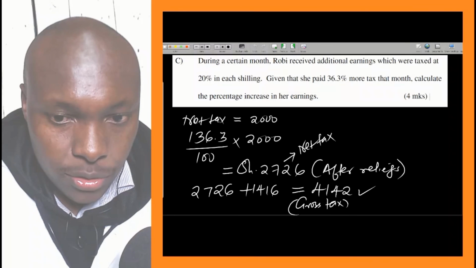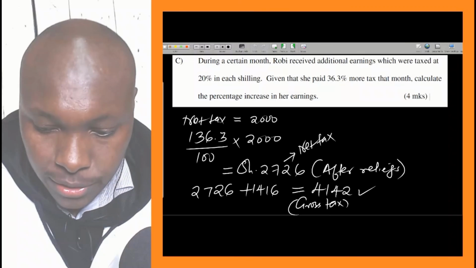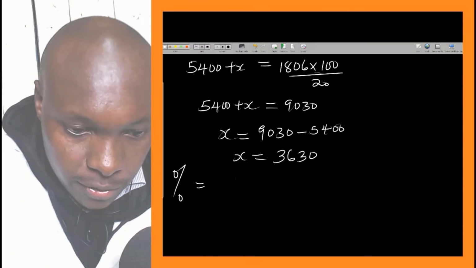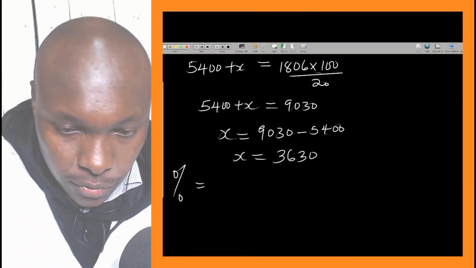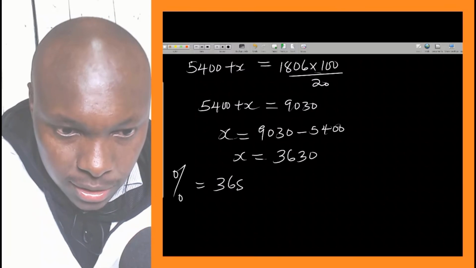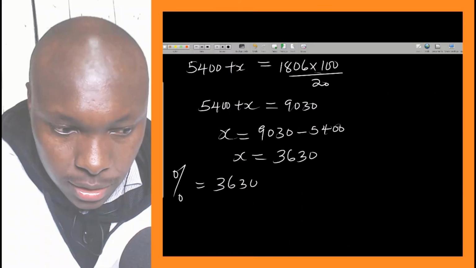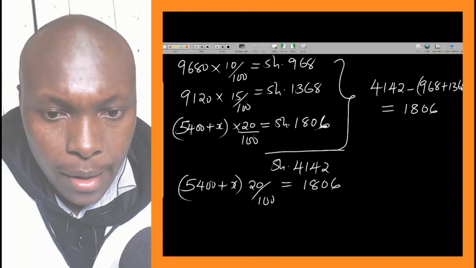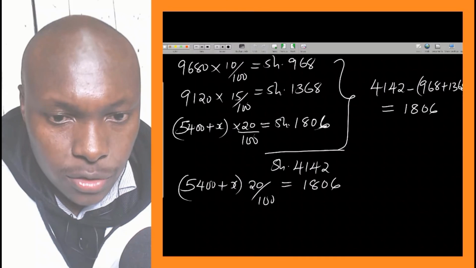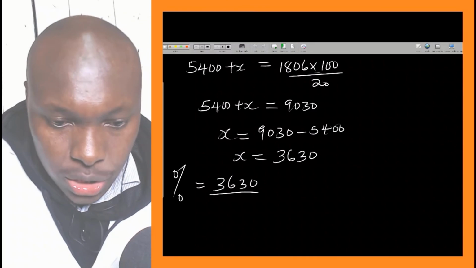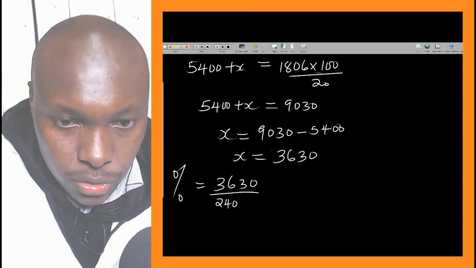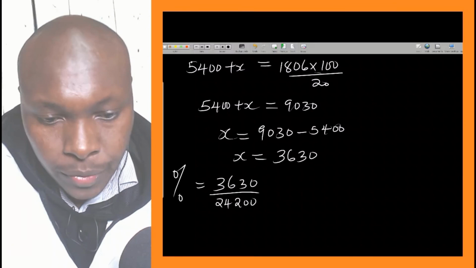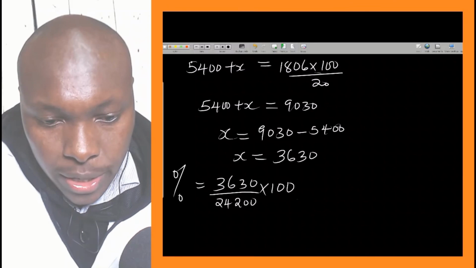Now after getting that, we should get the percentage increase in the earnings. Since that is the increase, the percentage increase in the earnings will be given by the increase, which we've got as X, which is 3630, everything divided by the salary. We have the salary, which is 24,200. That is the original income. Then multiply by 100.